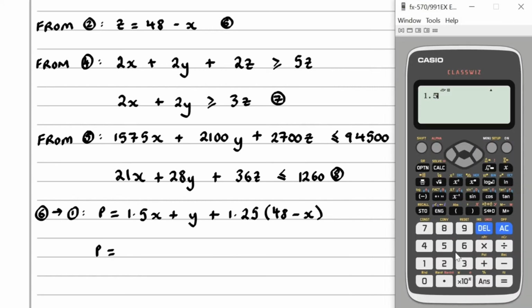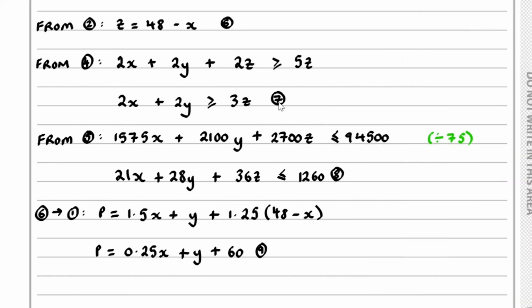I've got 1.5 minus 1.25. So I end up with 0.25x. How many y's do I have? Well, I'll just have one y. And how many constant terms do I have? 1.25 times 48. I have 60 constant terms. So I'm going to call this equation 9. So this is our objective function, by the way.